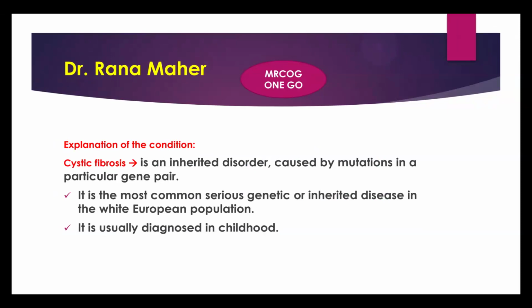Cystic fibrosis is an inherited disorder caused by mutation in a particular gene pair. And please, when you mention the genes, explain what genes are, okay? Usually it's diagnosed in childhood and it's the most common serious genetic or inherited disease in the white European population. The risk of cystic fibrosis, by the way, guys, is very common here in the UK.